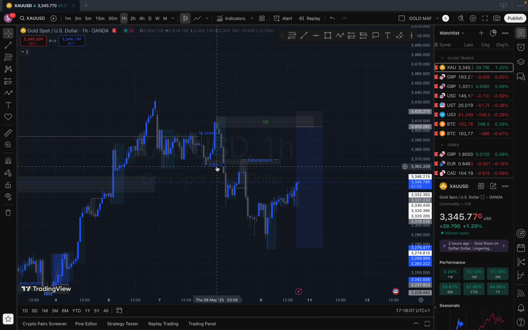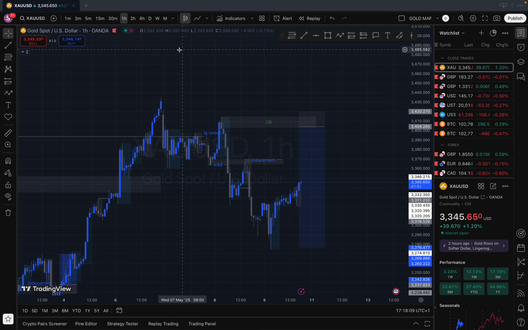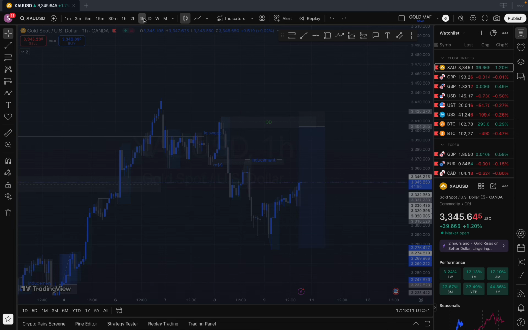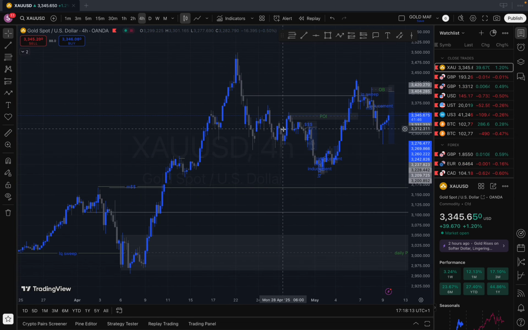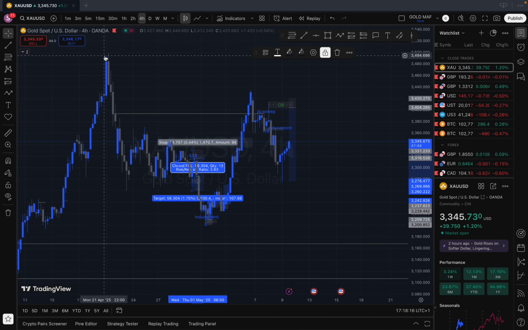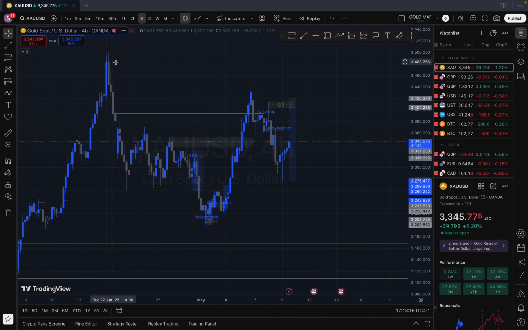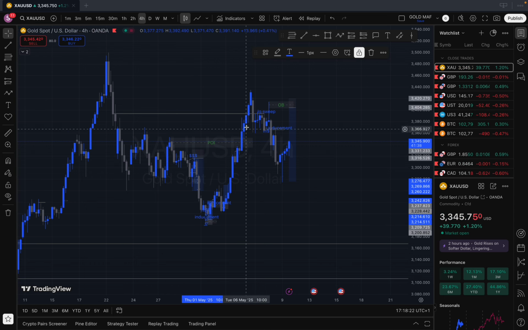Now after I've checked all these things in my 1 hour time frame, I will go to my 4 hours to validate my setup. Now if I check the 4 hours, what am I seeing? A higher high was created, which was the last high, right?